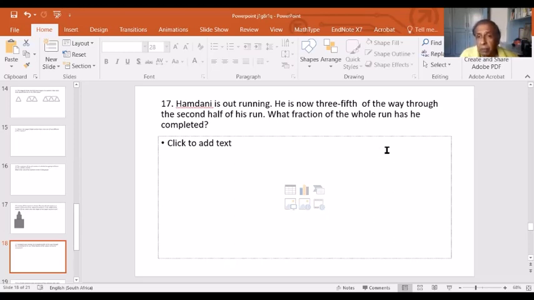He's 3/5 of the way through the second half of his run. Okay, now just imagine that he's running in a straight line, right? And suppose he started at the extreme side here. This is your starting point, and this is your end point.